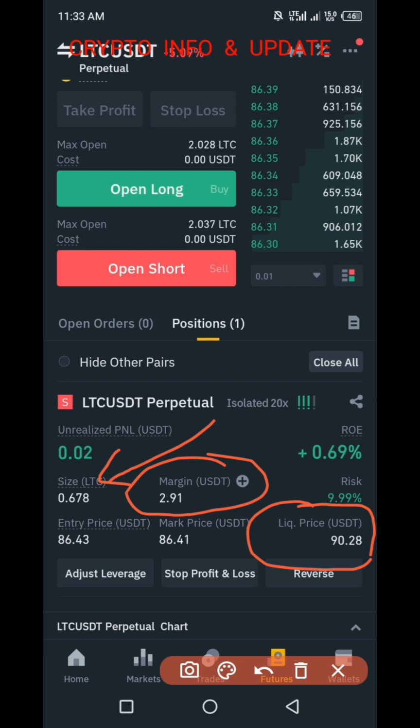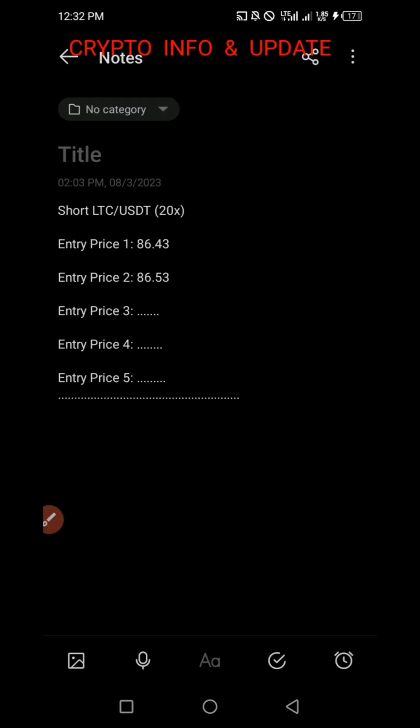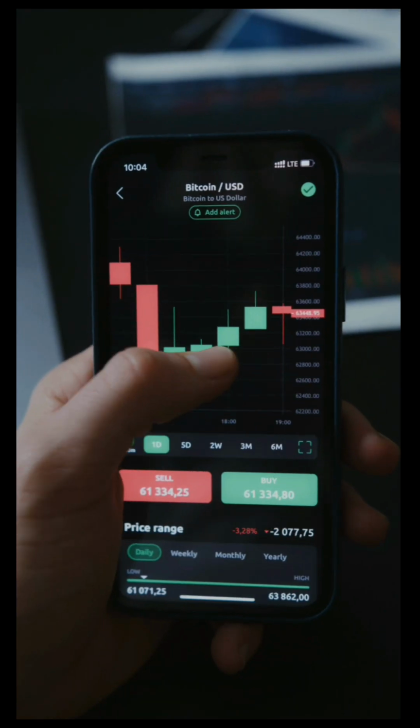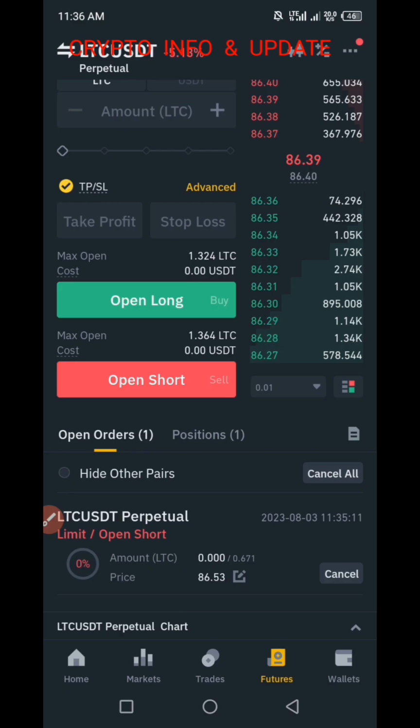So I have placed the first entry. Now, while the trade is already running, I will place the second entry, at 86.53. Remember, we are taking a short position. So I will go back and place it. Over here, I have placed the trade already. Remember, it's a screenshot I took during the live trade; I didn't record the live trade.